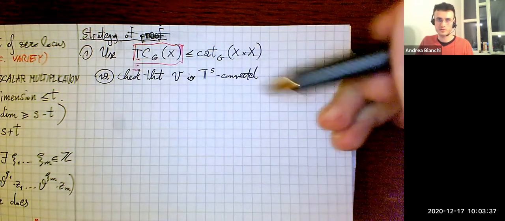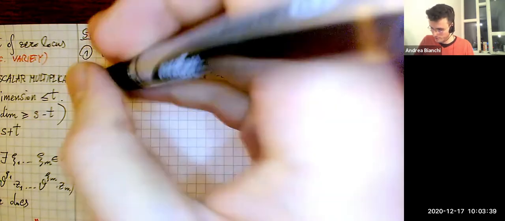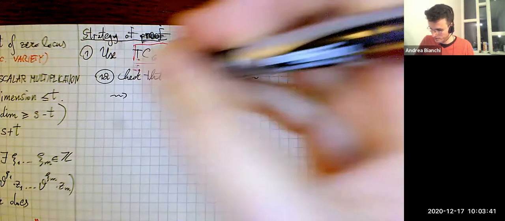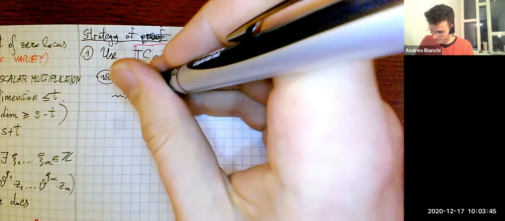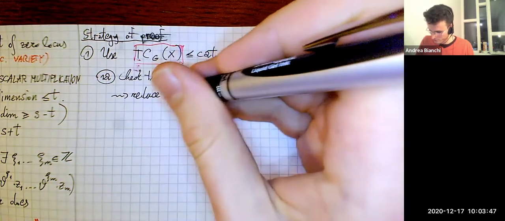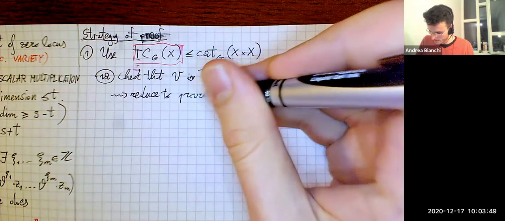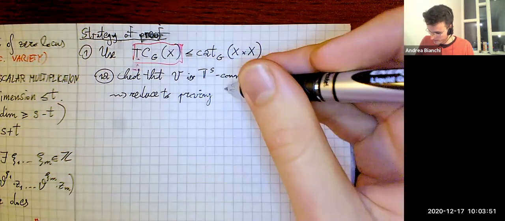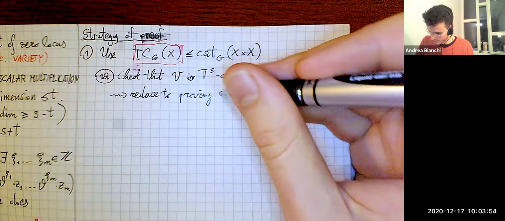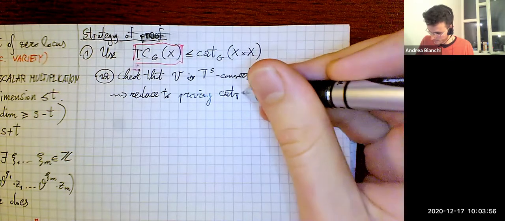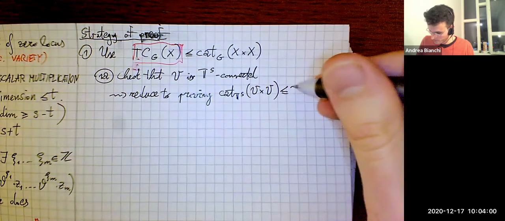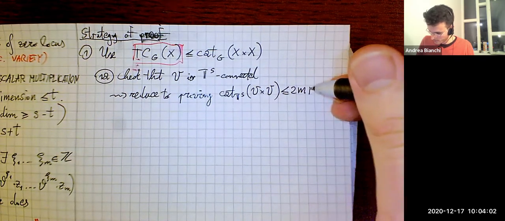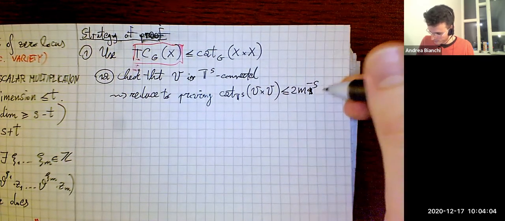This was a condition, and then we will hope to reduce to proving that the TS equivariant category of V times V is at most 2m minus s plus t.